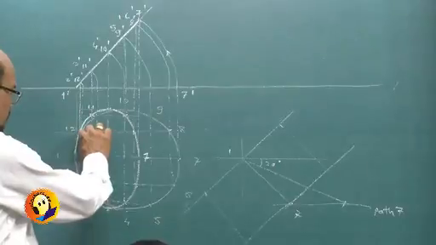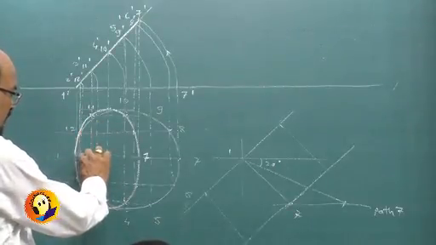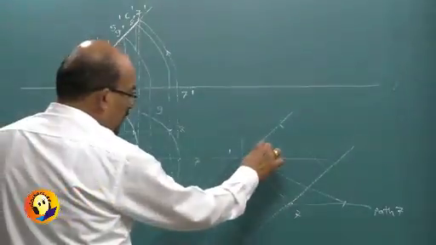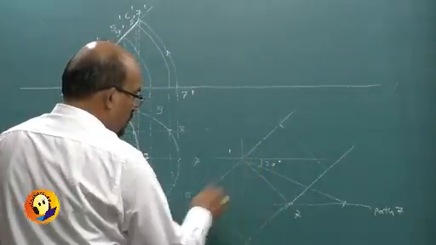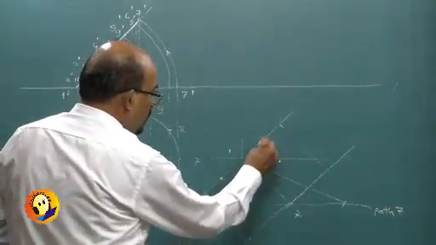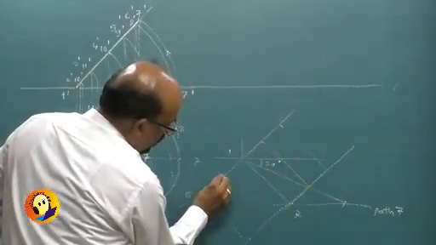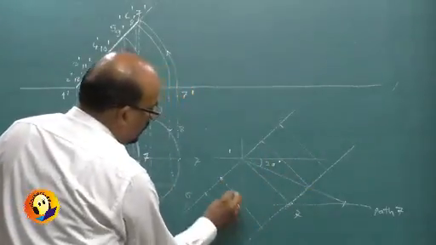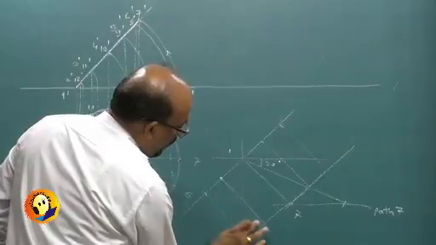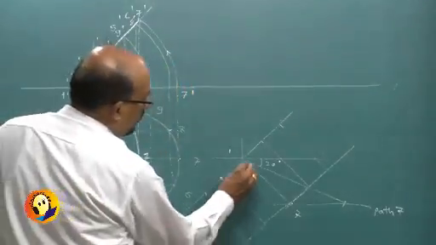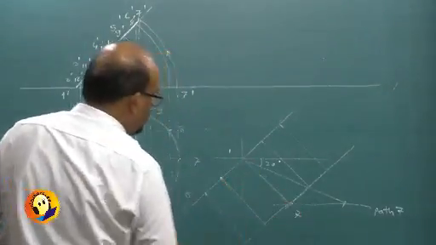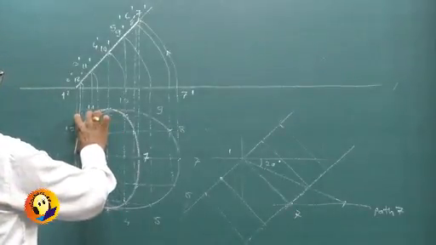Then this point to 2 and 12, they are at this much distance, so I mark those 2 points. Then points 3 and 11.